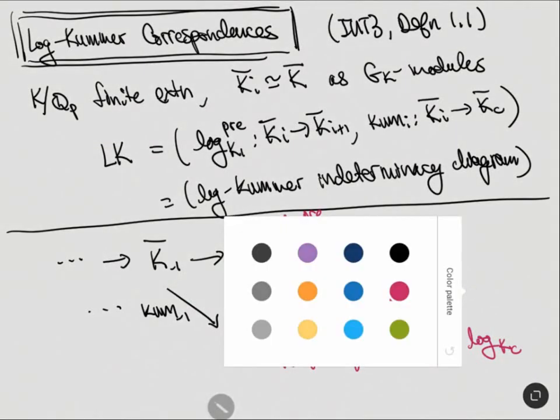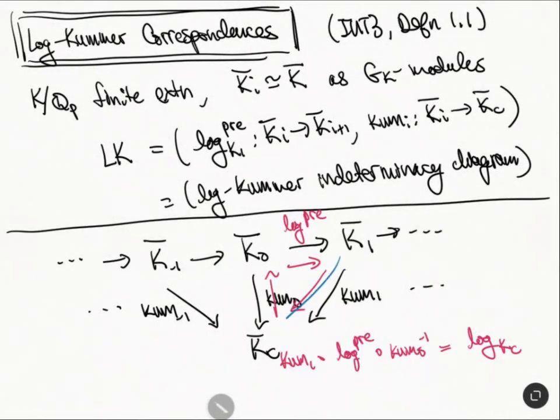Another thing we could say, equivalently, is that if we go from here to here, this map, Kummer of I to Kummer of J, will be log post. And J is less than I, so this is I minus J times.